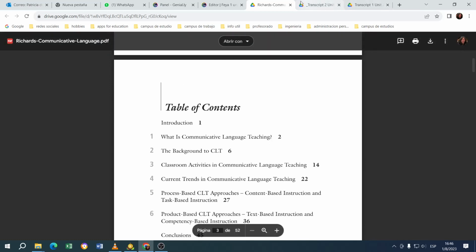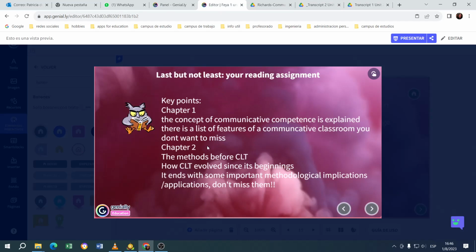Chapter 1 and chapter 2, yes. What are the key points in chapter 1? Well, he discusses the concept of communicative competence. Please don't miss it. This could be a question in a test, okay? And then there is a list of features of communicative classrooms that could be very useful for you, especially next year. You don't want to miss them.